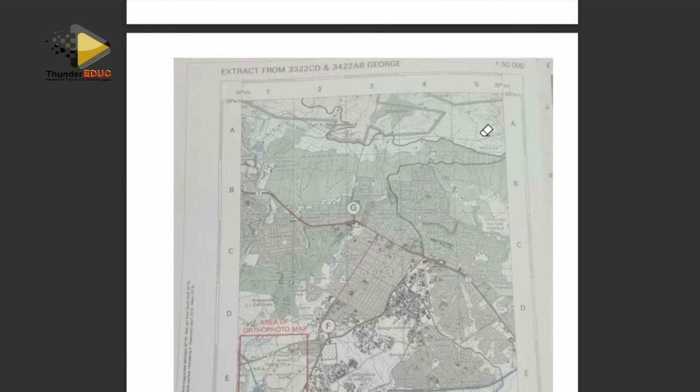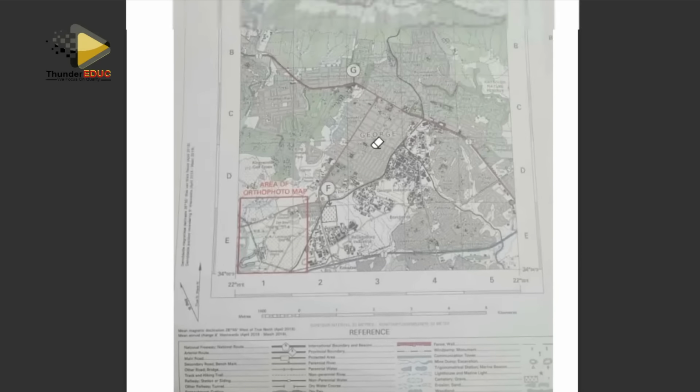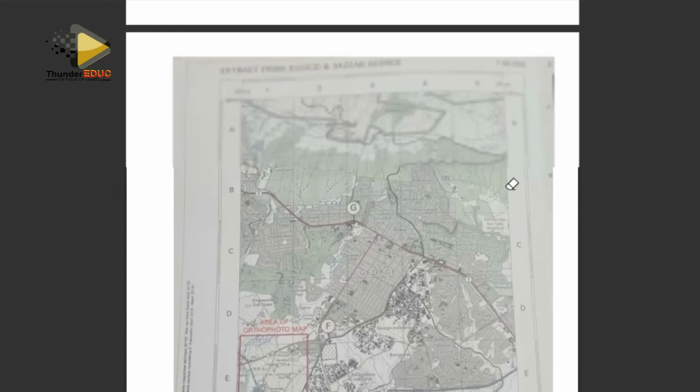It should be here. However, my map is not clear. My map is not clear at all. However, this is what I'm going to do. I'll show you how it is done, though it's not clear. Let me just take an example. It is here.